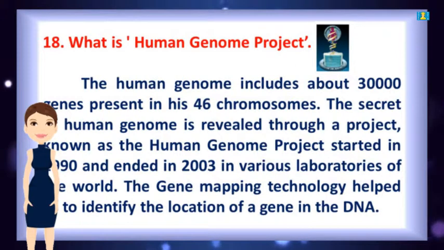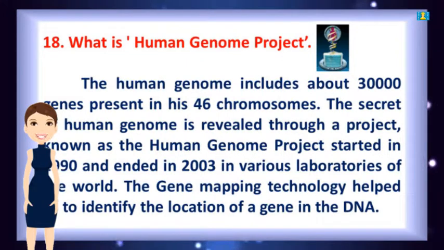What is the Human Genome Project? The human genome includes about 30,000 genes present in its 46 chromosomes. The secret of the human genome is revealed through a project known as the Human Genome Project, started in 1990 and ended in 2003 in various laboratories of the world.